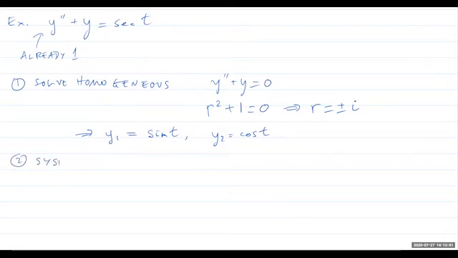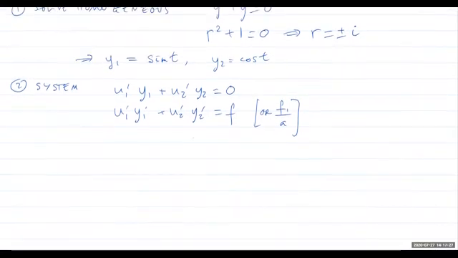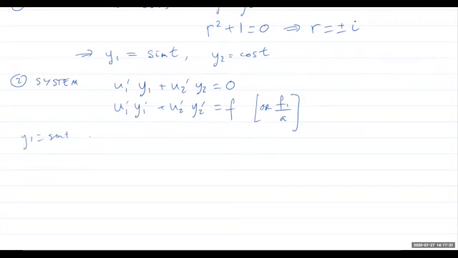Second step, I'm going to set up my system. u1 prime y1 plus u2 prime y2 is equal to 0. u1 prime y1 prime plus u2 prime y2 prime is equal to f of t over a, which in this case a is 1, so it doesn't make any difference. y1 equals sine t, y2 equals cosine t. y1 prime is going to be cosine t, and y2 prime is negative sine t.